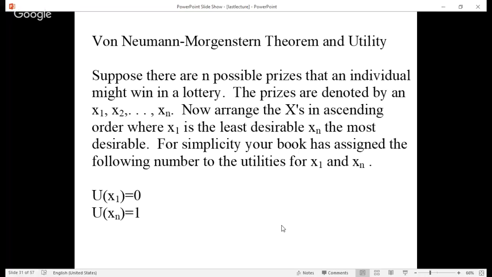So you have x1 through xn, where x1 is the least desirable and xn is the most desirable. And then we're going to standardize the utility that you receive from the best prize and the worst prize. So the utility for winning x1 is 0, and the utility for winning xn is 1.